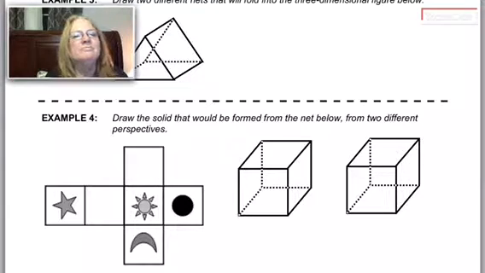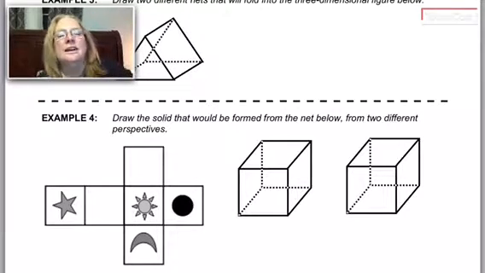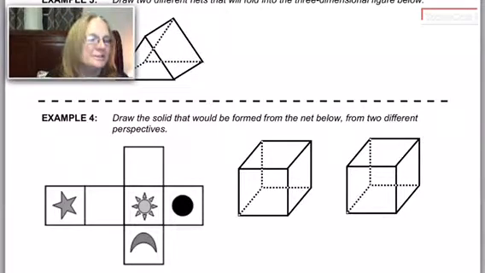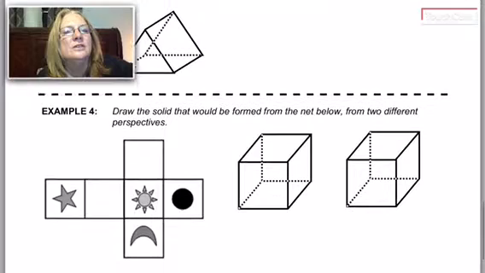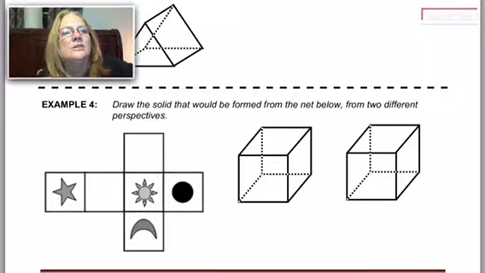But the main thing is once you start folding these up, you've got to see what the side would look like. And the best way to do this is to physically do it. But I'm going to try here. So I'm going to start with this right here.